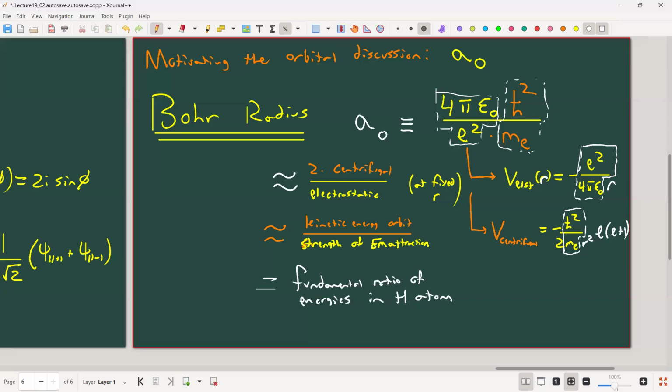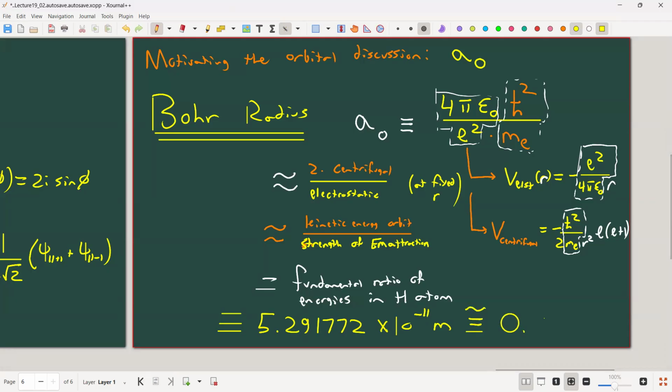It's a length scale, and it's exactly 5.291772 times 10 to the minus 11 meters, which is roughly 0.53 angstroms.